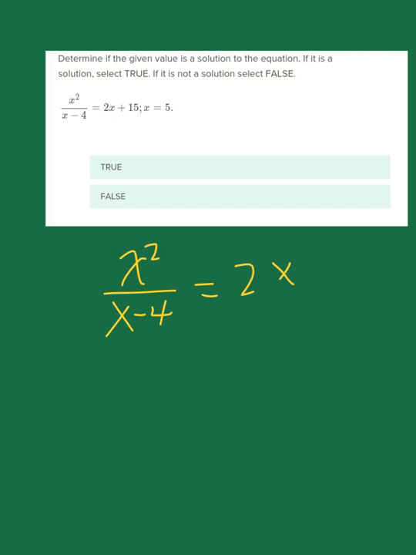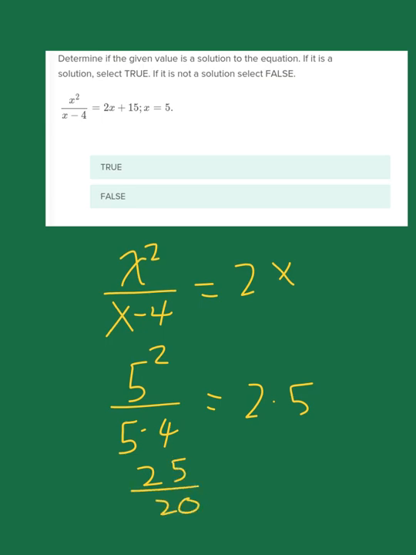All right, here we go. I'm going to replace x with 5, so this is going to be 5 squared over 5 minus 4. Does that equal 2 times 5? Let me explain what I did there. 5 to the second power is 25.